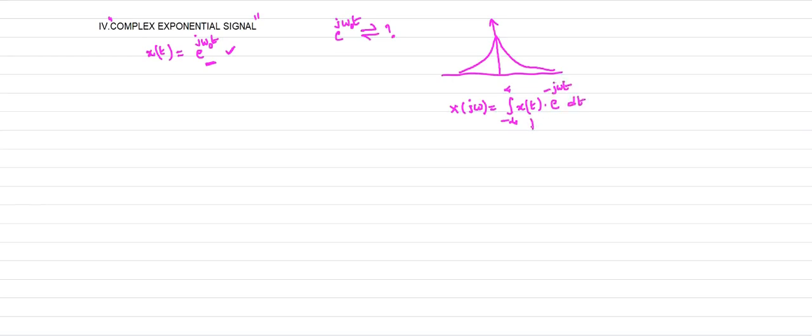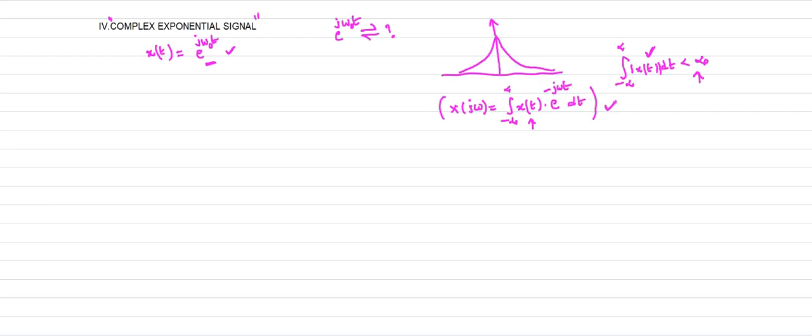So if we integrate this signal, the integral from minus infinity to plus infinity of mod x of t dt, you should get a value less than infinity. That means the signal is a converged signal. So a converged signal is absolutely integrable. So in that case only we are using this formula.